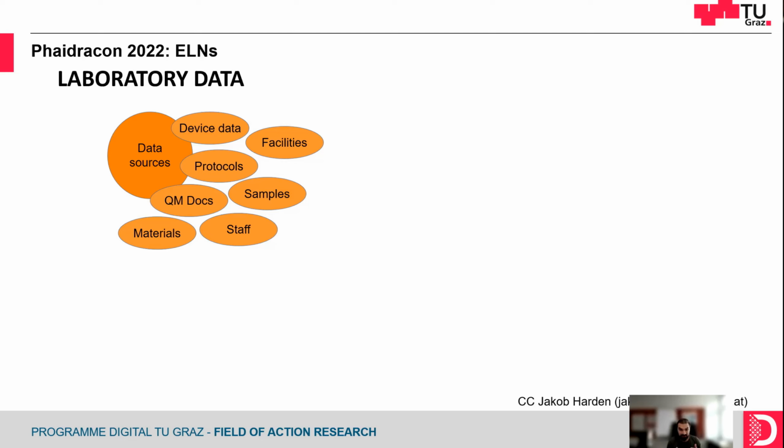We have protocols. Maybe we have documentation regarding quality issues. Maybe we have databases with materials behind it, or chemicals or whatever. We have sample probes. We have stuff. So we have also the institution or the facilities, the information about where data was generated.